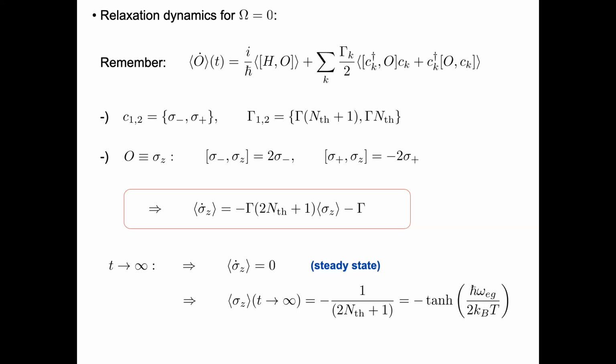And if you do this, it's essentially the hyperbolic tangent of h bar omega over 2 kB T, with a minus sign.